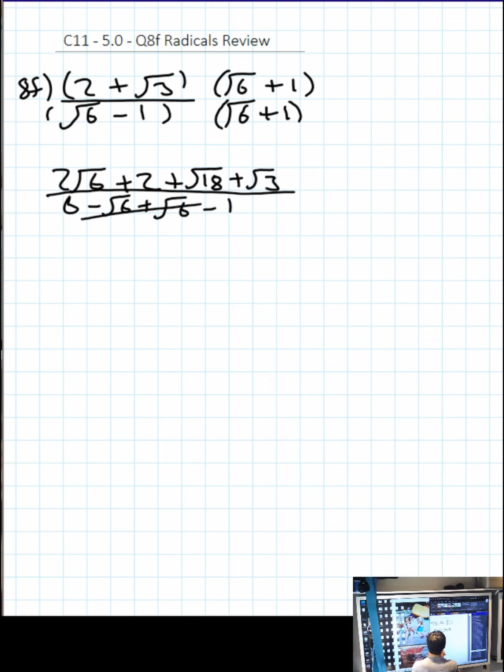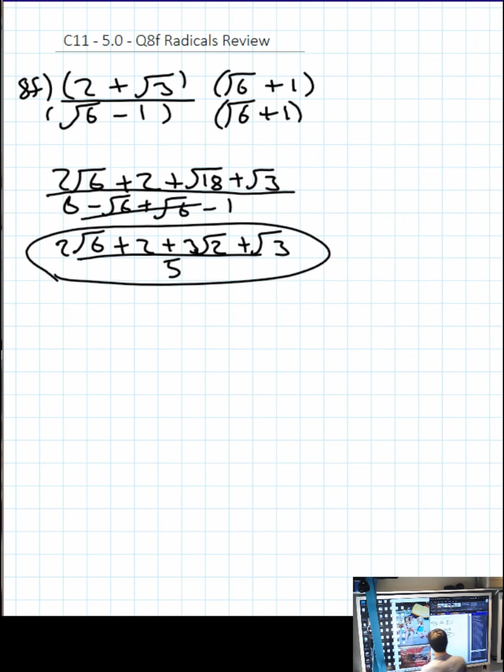The root 6's cancel, so we're left with 2 root 6 plus 2, hang tight. Root 18 simplifies to be 3 root 2 plus root 3 all over 6 minus 1, which is simply 5, and none of the roots on the top combine, so we can circle our answer.